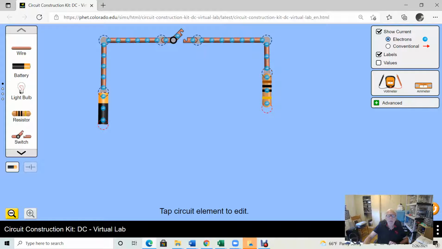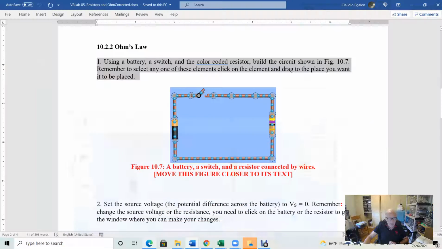Put any resistor for now, and then you will be able to change the resistance of the resistor. Close the circuit. The circuit's still not closed because the switch here is open. See the switch open here? Using a battery, a switch, and the color-coded resistor, build the circuit shown in this figure.